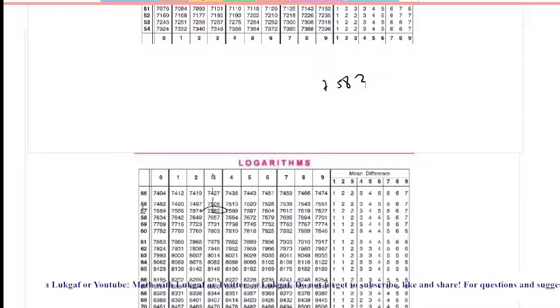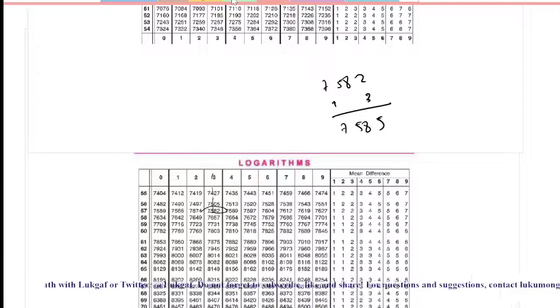Then you check the difference column, the one corresponding to 57. Difference 4 here is 3. Then you add 3 to what you obtained here. We check 57 under 3, that's 5782, difference 4. The value you obtain from the column of difference 4, you add to what you obtained in your logarithm, and this will give you 7585.